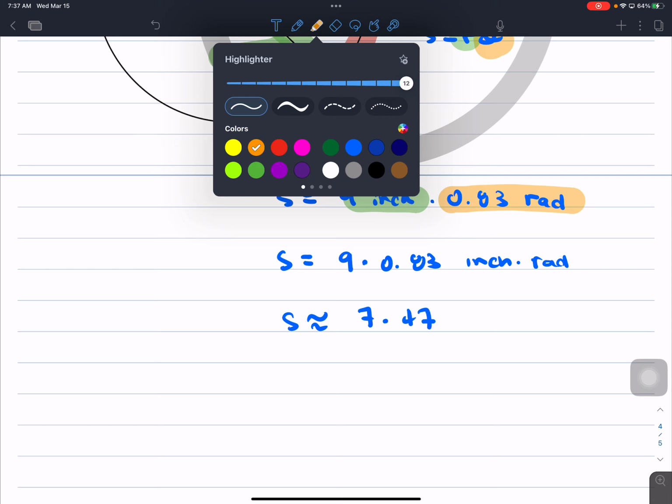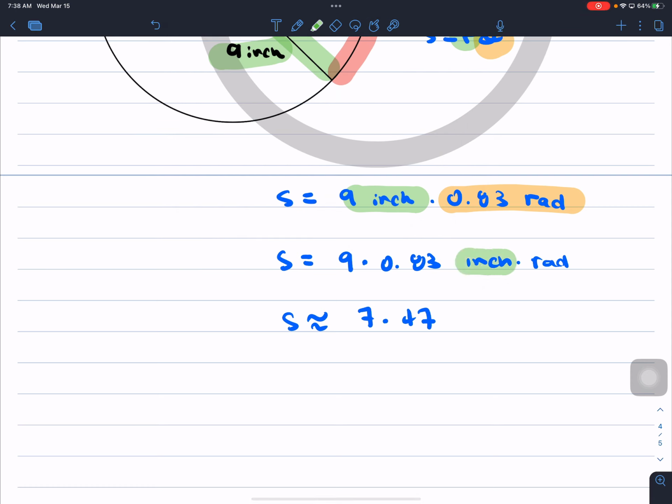What are the units, ladies and gentlemen? What is inches times radian? You just say inch. Now, why do you think that it just says inch? In other words, an inch radian is just inch. What does that word radian mean again? It's just reminding you you have a real numbered value for pi.